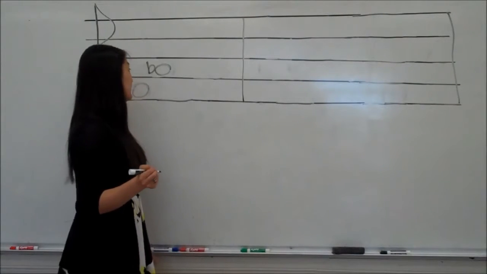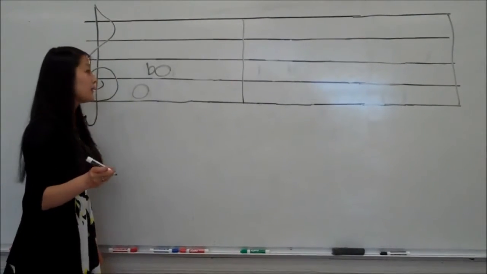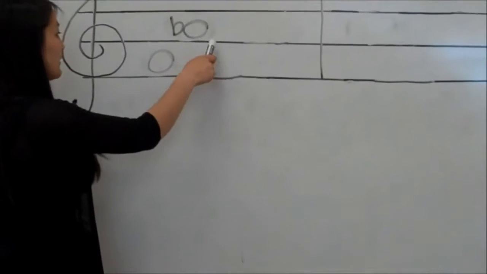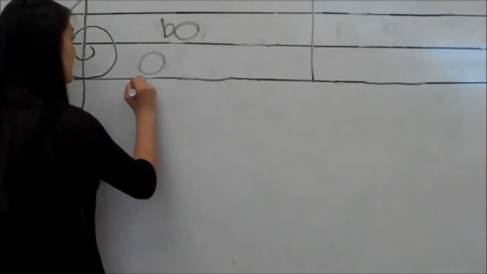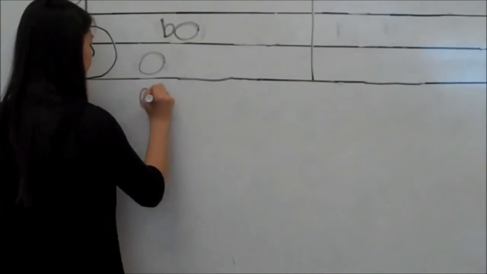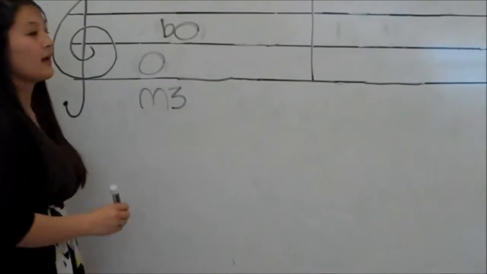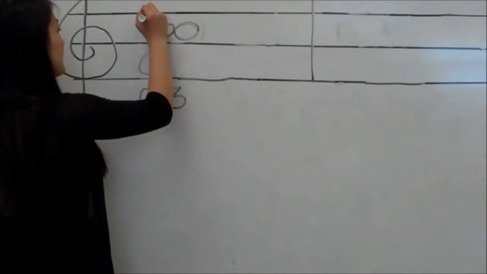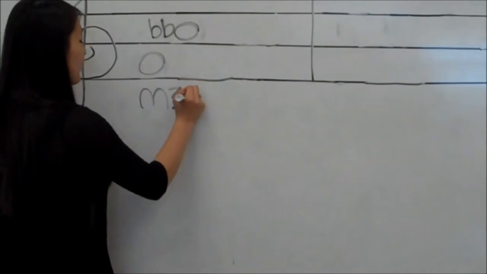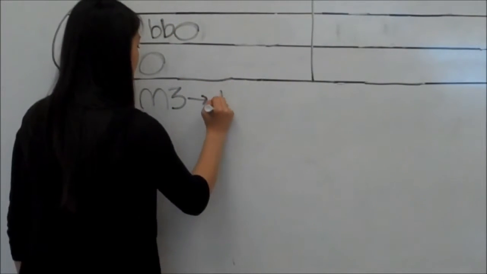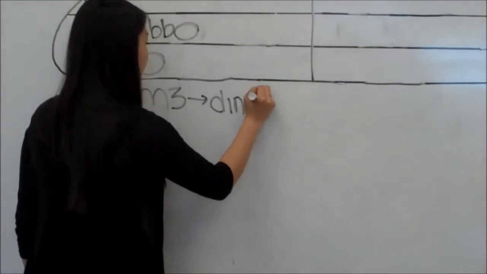Another example of a diminished interval would be if we had an F to an A flat, which would be a minor third, and then if we lowered the A another half step, it would become A double flat, making it a diminished third.